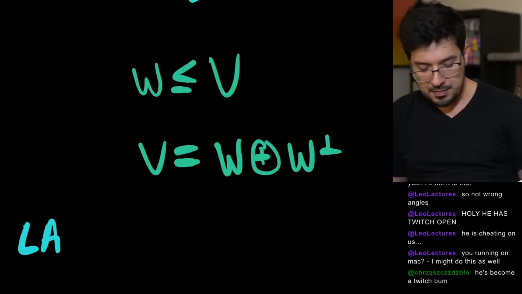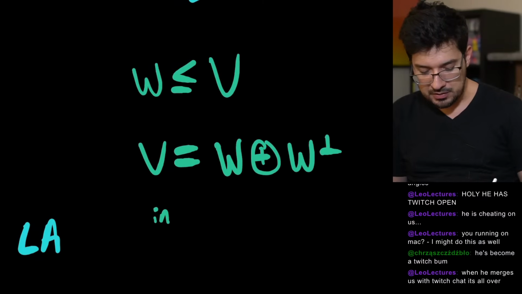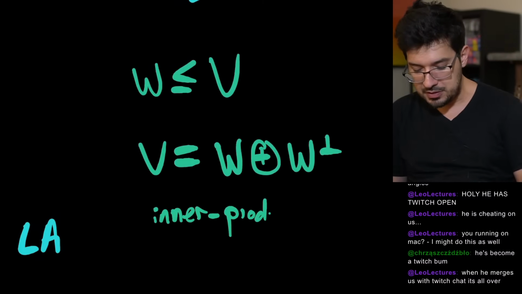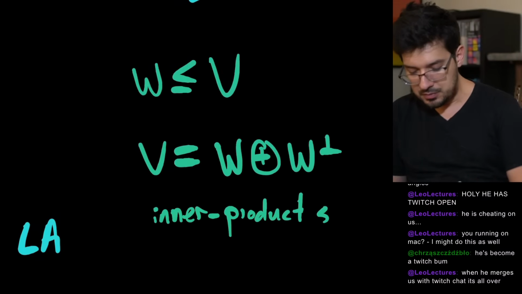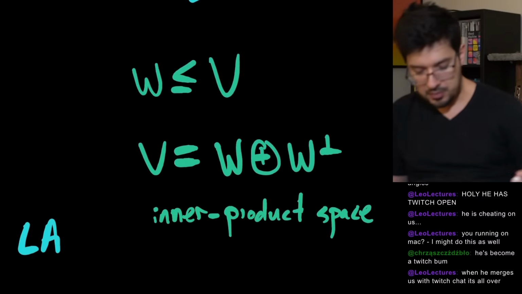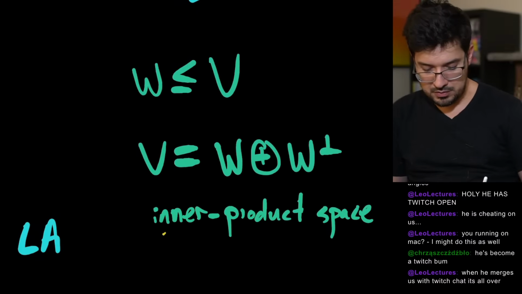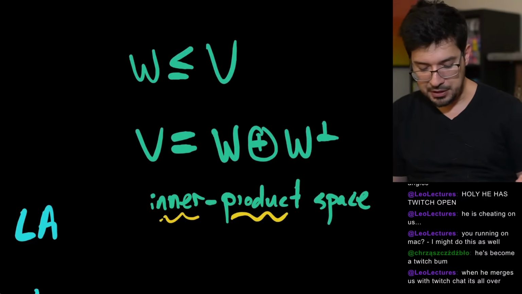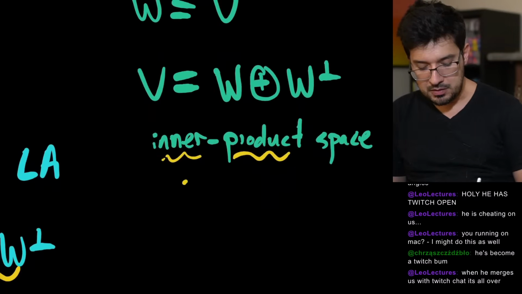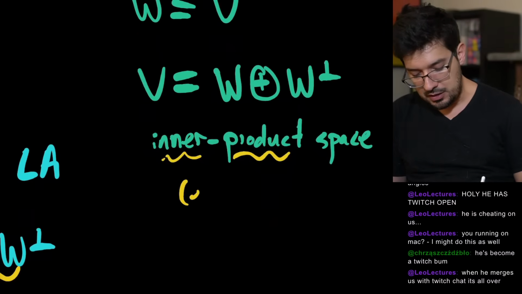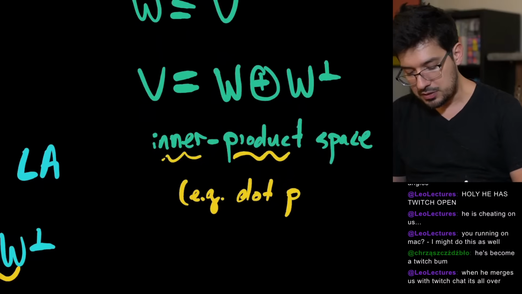But this requires that your vector space is an inner product space. So we do need this property. So this is a generalization of the dot product.